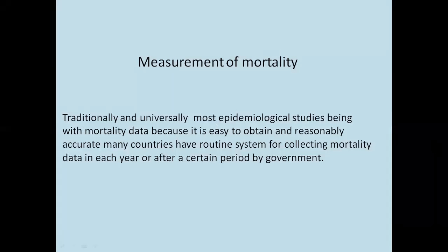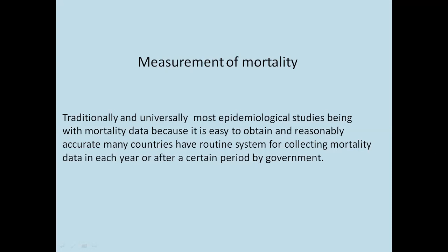So this lecture is on the principles of epidemiology, part 3. In the previous two lectures, I discussed the measurements of epidemiology, and now in this lecture, how we will measure mortality rates.